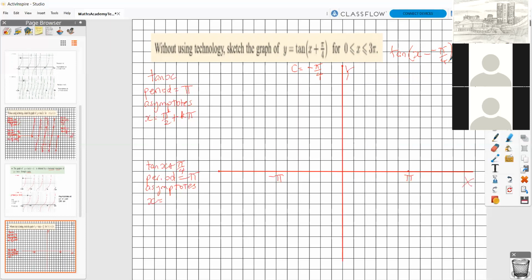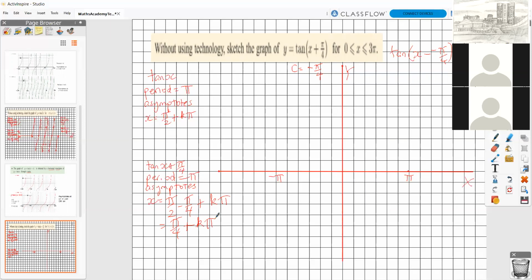The period here is pi again, and the asymptotes now will be at pi on 2 take pi on 4, moving it to the left pi on 4, plus k lots of pi, because the period is still pi. In other words, it's pi on 4 plus k lots of pi.